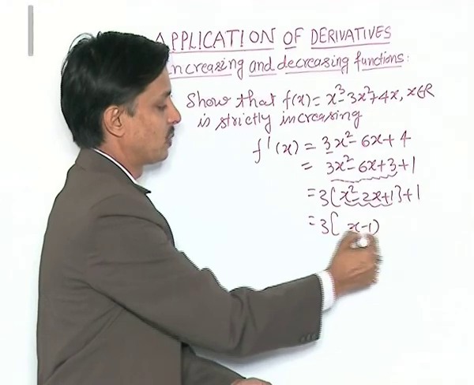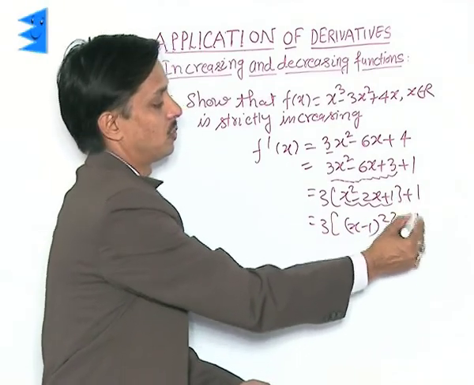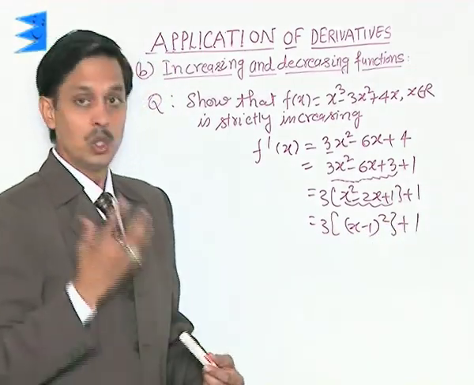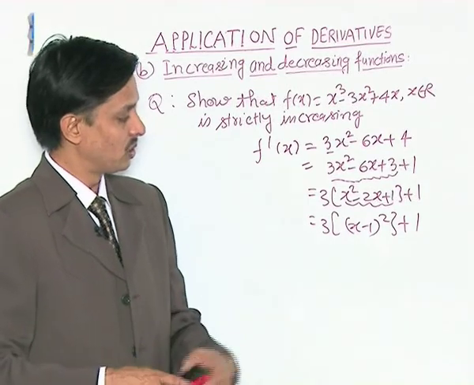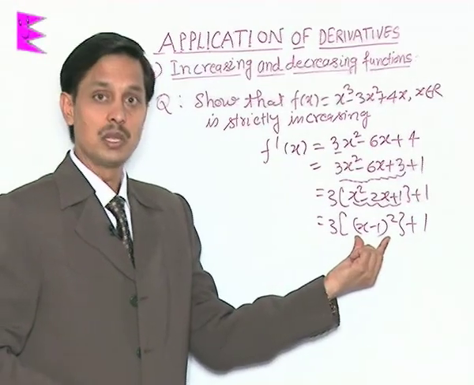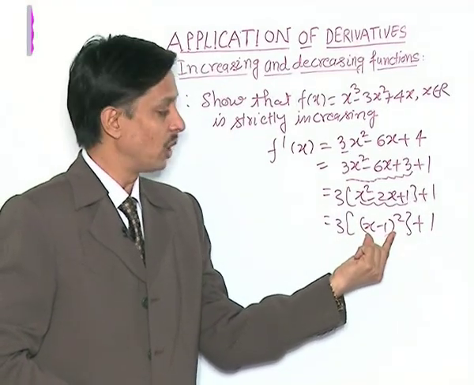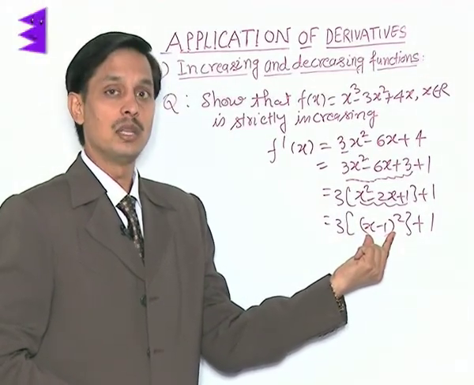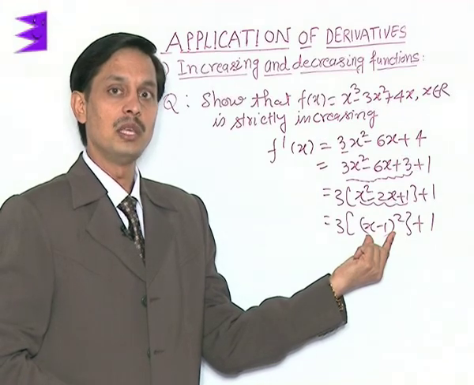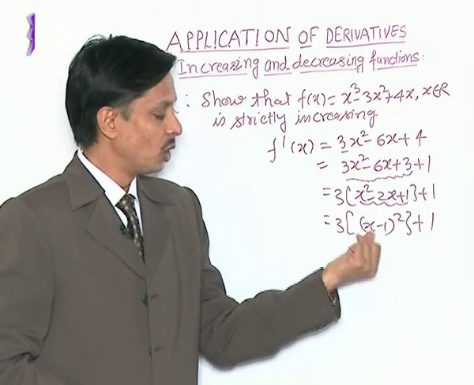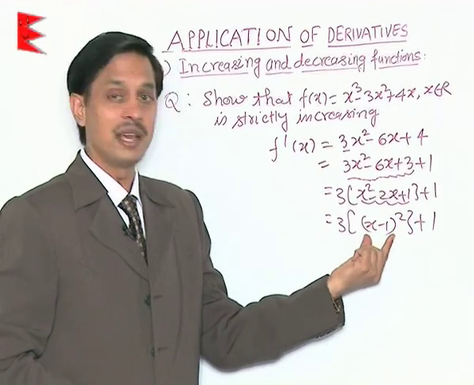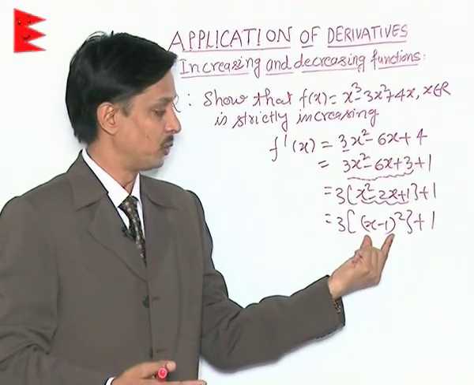I can say it is (x - 1)^2 + 1. I know, everyone knows that the square of a real number is always positive. This part is positive, or its least value can be 0. 0 squared is 0, otherwise its value will be more than 0.